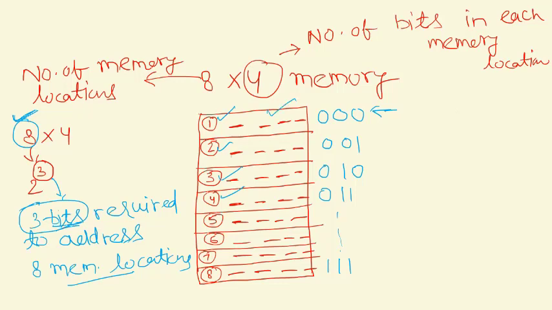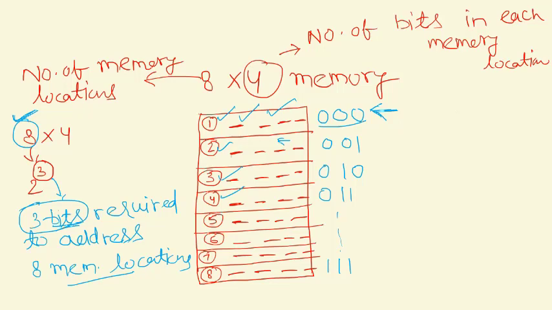Then how do we select this input combination, how do we select the memory location? Based on the selection of the 3 bits, we can select the particular memory location. But how to select these bits?